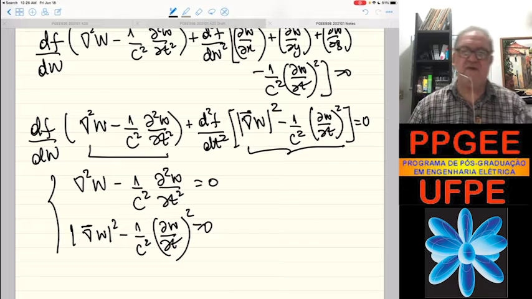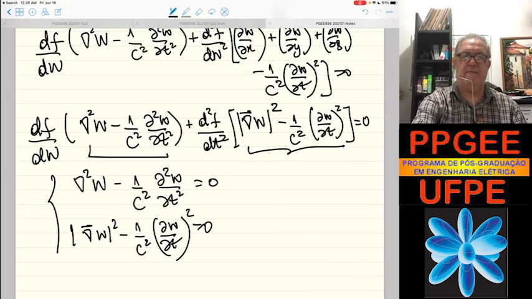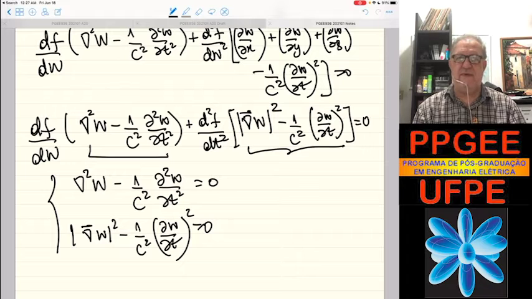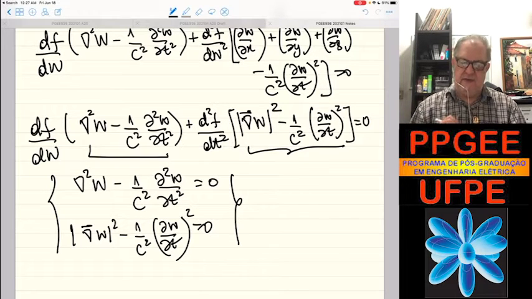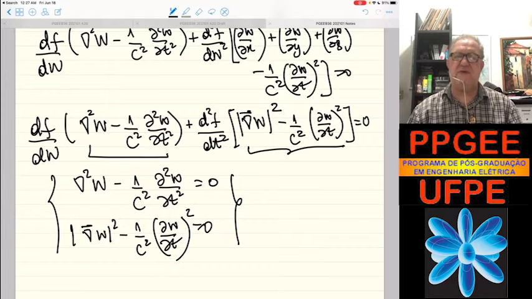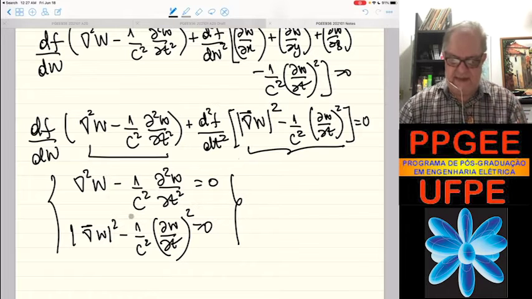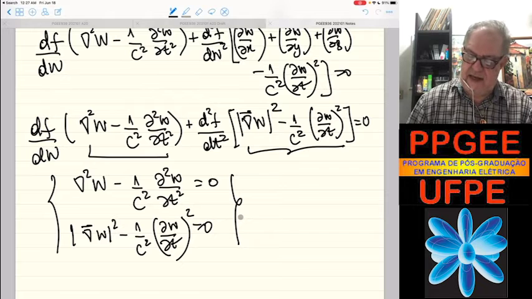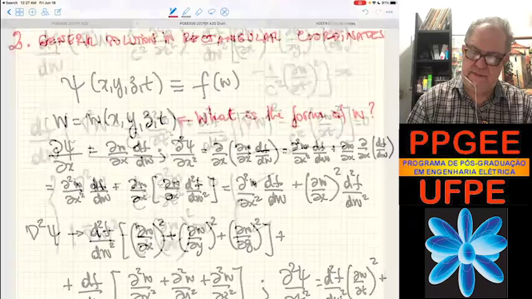So we have to satisfy those two things, right? So let's look at possible forms of w that satisfy both equations, okay? So these are the two conditions. In the class notes, we wrote those in terms of the Cartesian components, but they can be written in compact form like this, okay? So we have to satisfy both relationships. So let's see each case.